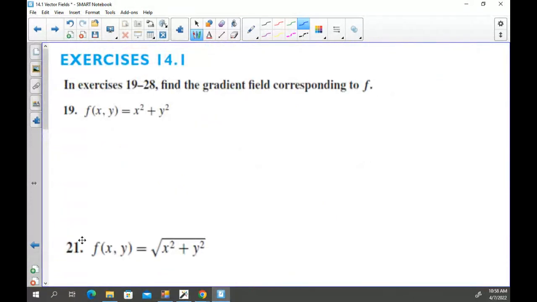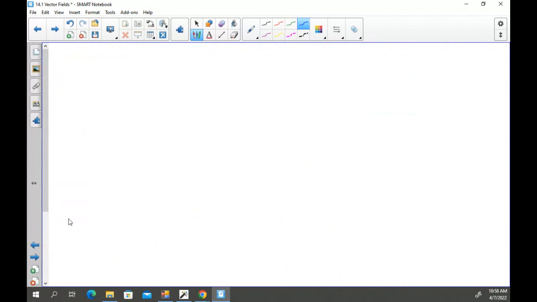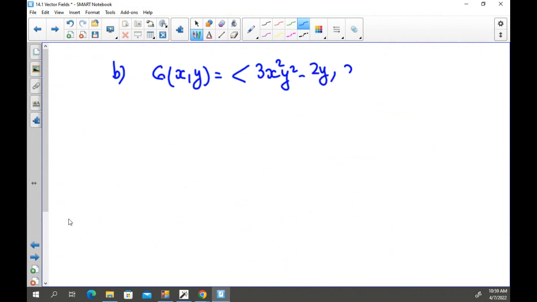So let me solve part B. If it's not conservative, then something will happen. So here it's 3x squared y squared minus 2y, and then x squared y minus 2x, like this.